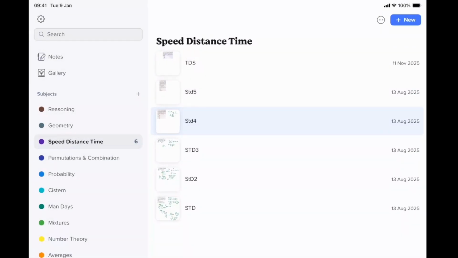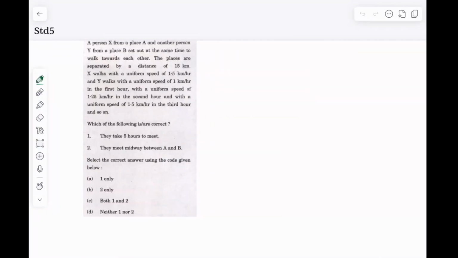So let's solve another question on speed distance time. It says a person X from a place A and another person Y from place B set out at the same time to walk towards each other. The places are separated by a distance of 15 kilometers. So this is the 15-kilometer distance between X and Y, right?